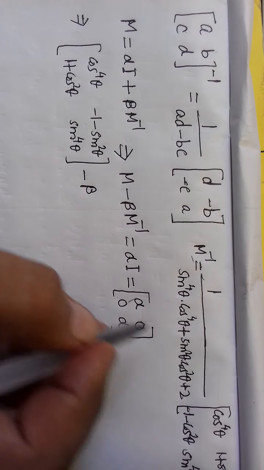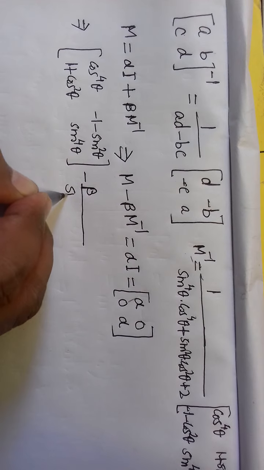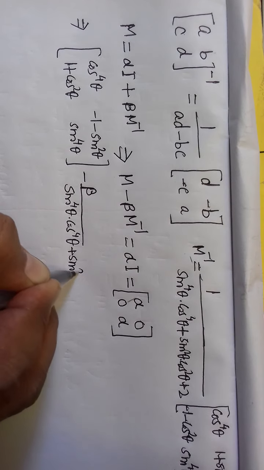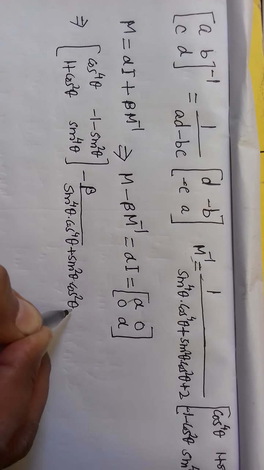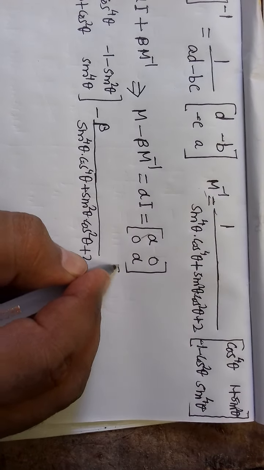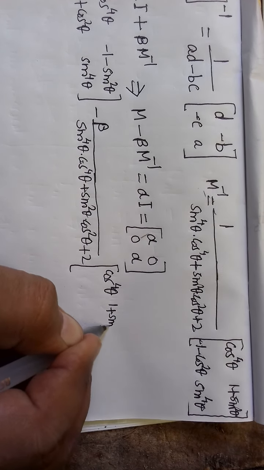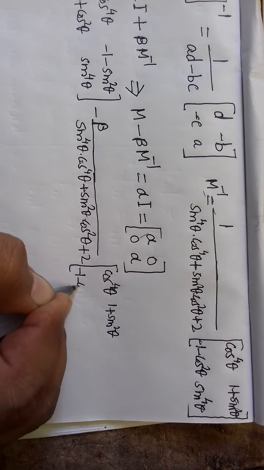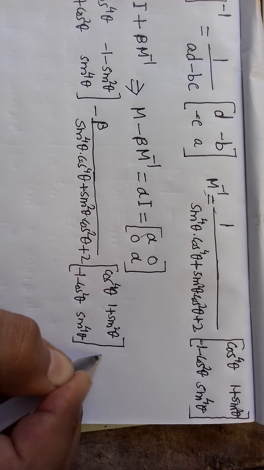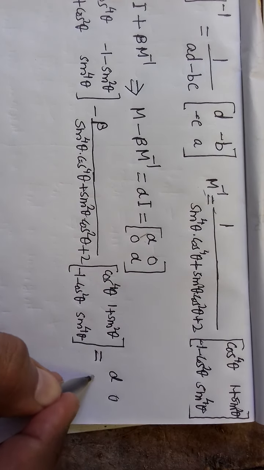From here you can put the values, as written here: 1 by sine to the power 4 theta cos to the power 4 theta plus sine square theta cos square theta plus 2, and inside the matrix cos to the power 4 theta, 1 plus sine square theta, minus 1, minus cos square theta, sine to the power 4 theta, and after the equality sign is alpha 0 0 alpha.